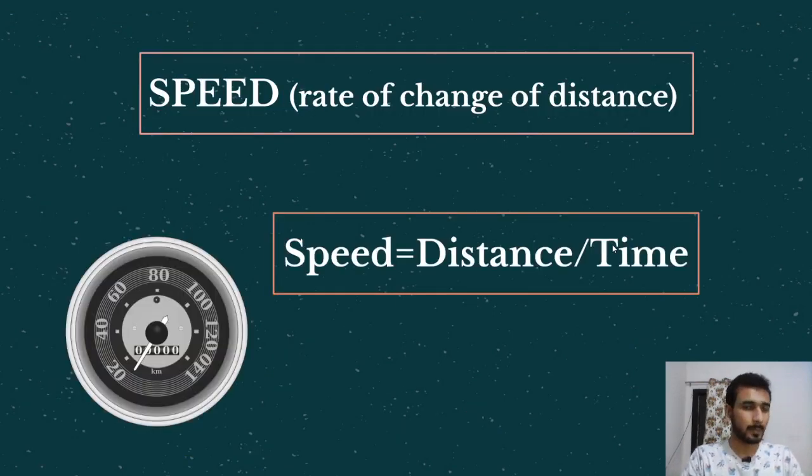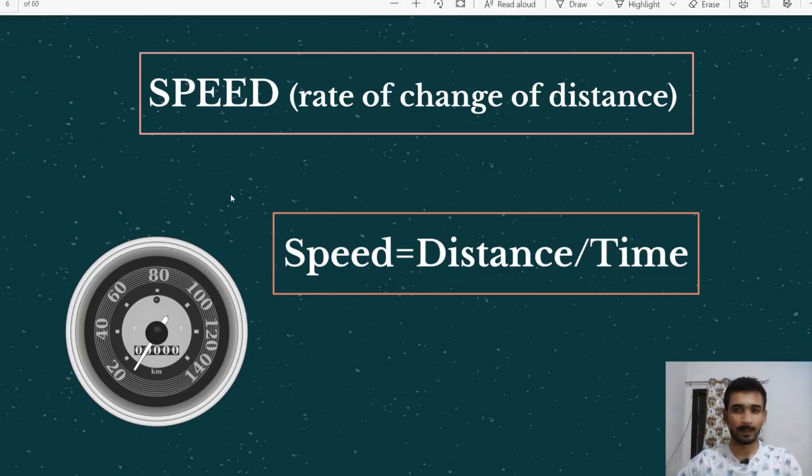Now what is speed? We hear this word daily. You have seen the speedometer, which shows the speed of a car or your bike. How do we calculate speed mathematically?